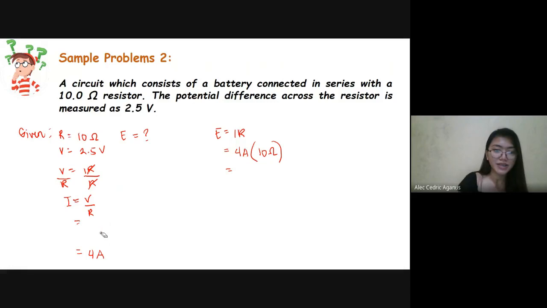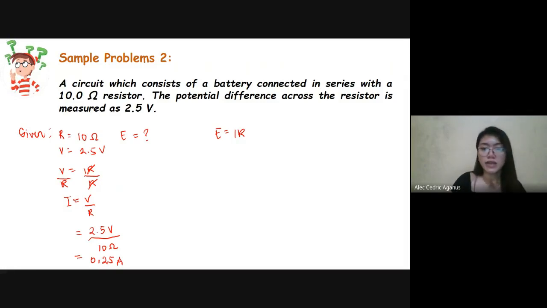I'm so sorry. This should be V, 2.5 volts divided by 10 ohms. So I got it reversed earlier. It should be 2.5 divided by 10. That is 0.25 and not 4. 0.25 amperes. Okay?